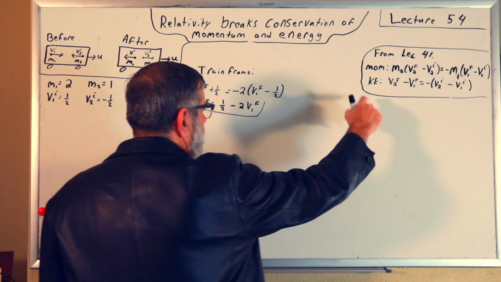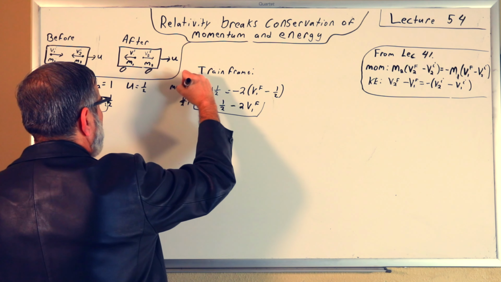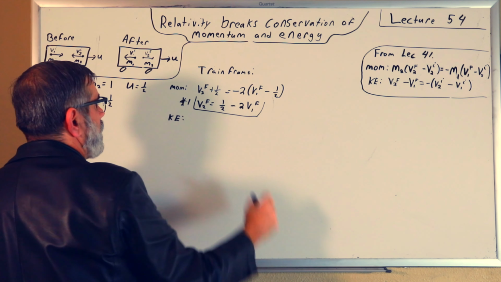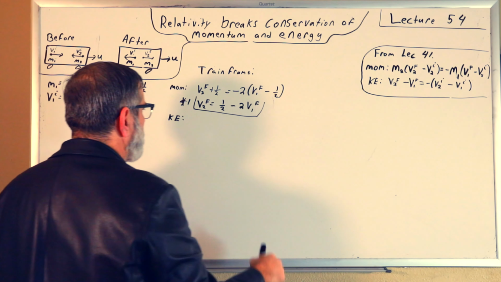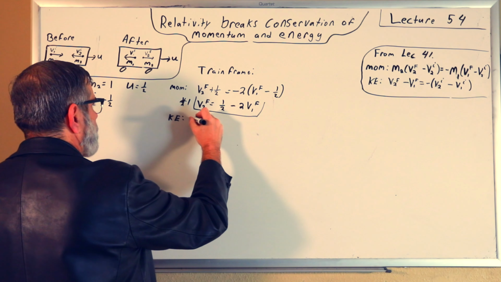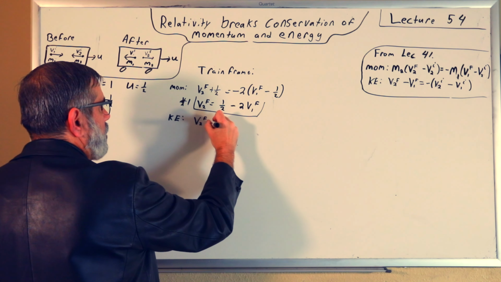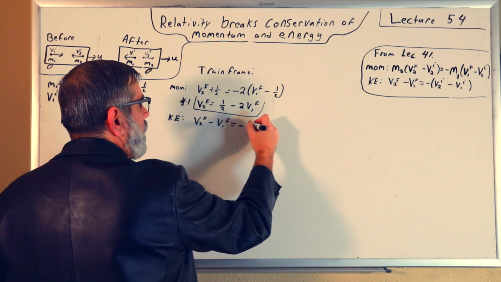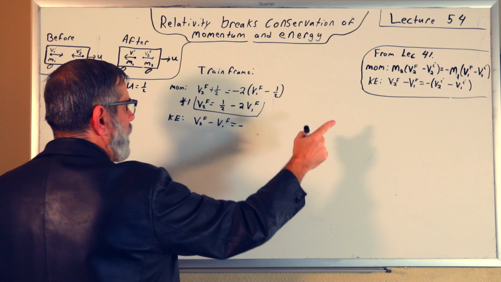Now we'll use kinetic energy. I could write momentum here. We'll use kinetic energy, this term here, to solve for V2F, and then eventually we'll set them equal to each other. So we'll write V2F minus V1F equals minus, now we have some numbers to plug in, minus V2 initial.